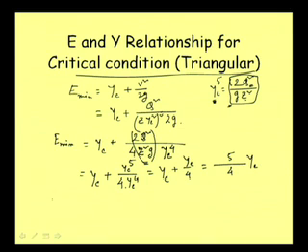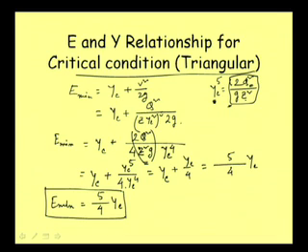So, E minimum we can write as 5 by 4 yc. So, that is another relation that we can have for triangular channel, or yc is equal to 4 by 5 E minimum.